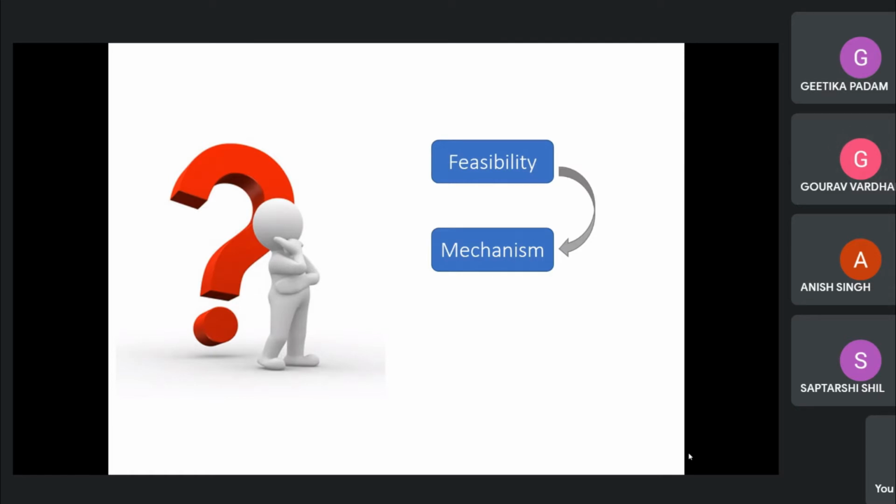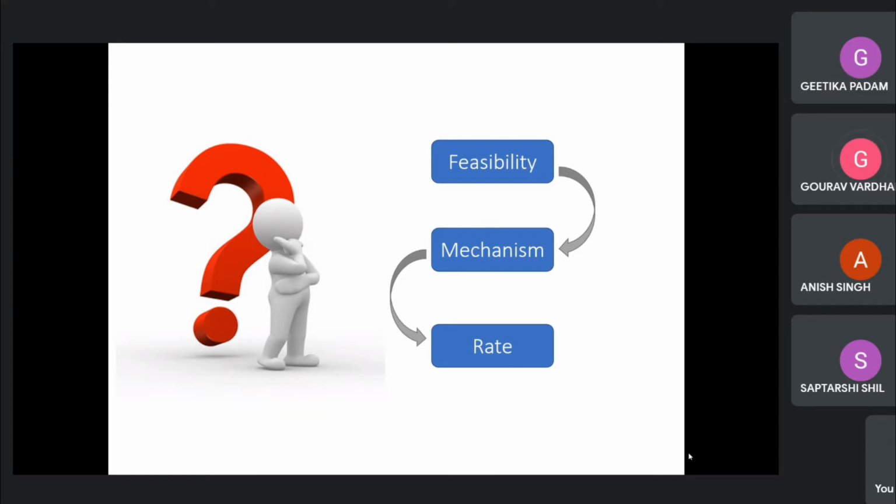What is the mechanistic step behind that particular process? So feasibility, then comes the mechanism. And once you have an idea of the mechanism, then you can think of the time taken for the process to happen. There comes the rate or time.